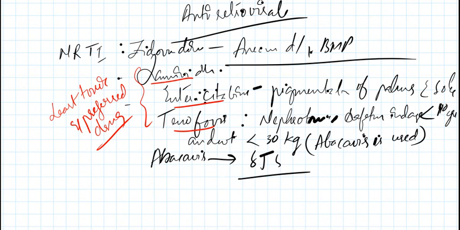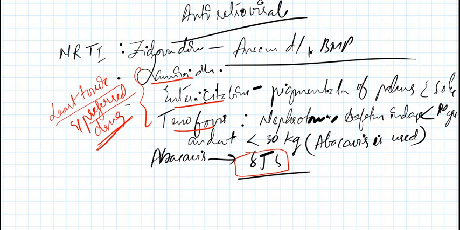Yes, in individuals where the safety profile of tenofovir is not known, you can go for abacavir, but abacavir also has a side effect: it can cause Stevens-Johnson syndrome. So comparing all these, lamivudine, emtricitabine and tenofovir cause the least toxicity, and they are the preferred drugs. Right, you got it?